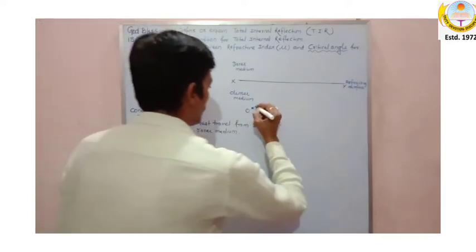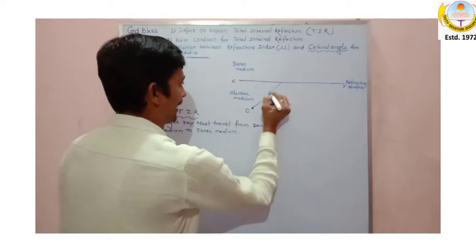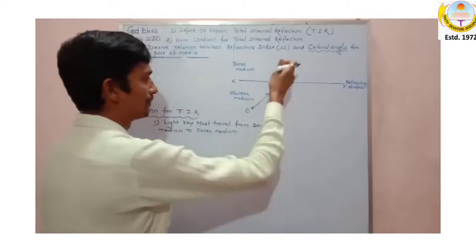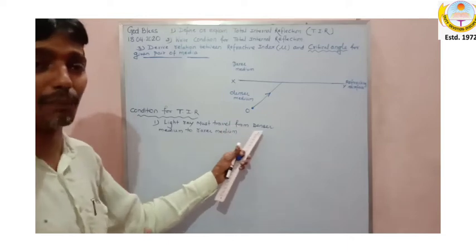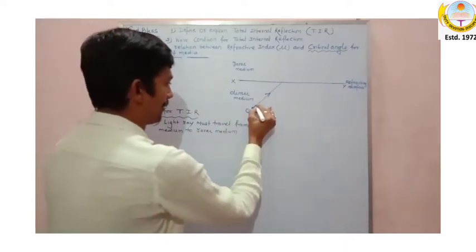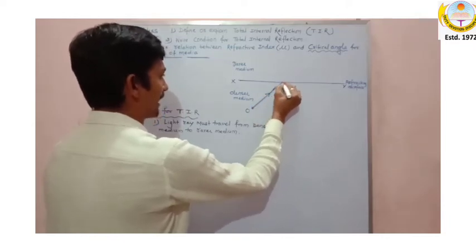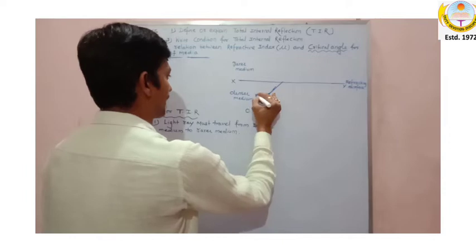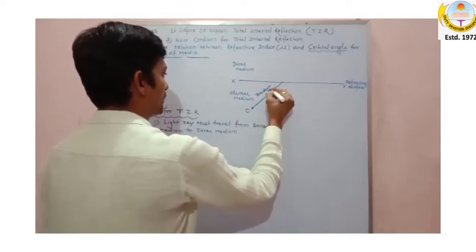Now my dear, for example, from the object a ray of light is traveling. This is the denser medium. I said the light ray must travel from denser medium to rarer medium. So this is the ray of light from the denser medium, my dear. It is traveling, and this ray of light is called the incident ray.